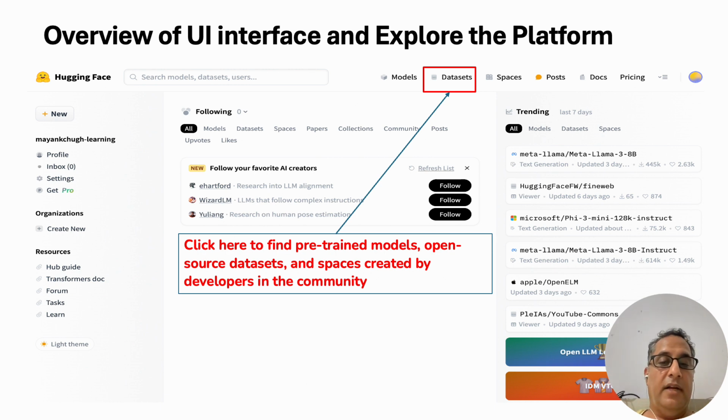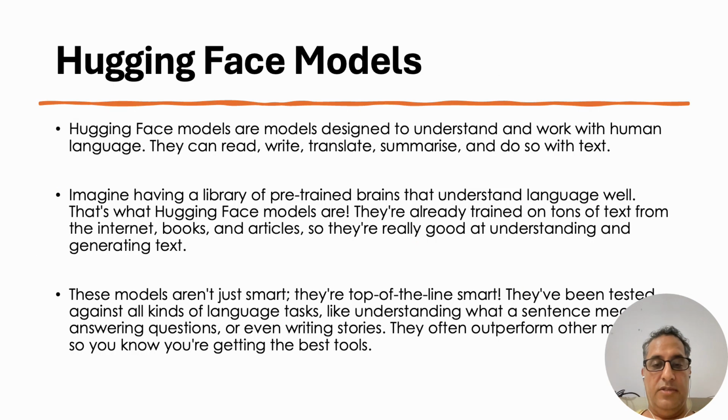You can create datasets in JSON or CSV format, and that can be used for further retraining or for further research on your dataset. As I told, there are a lot of communities.